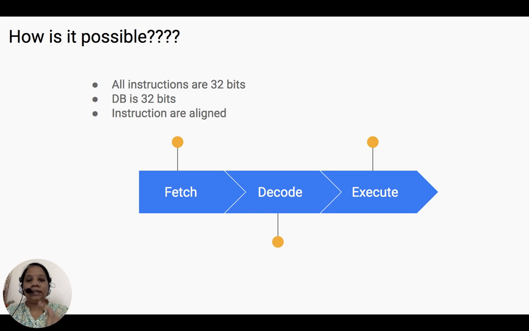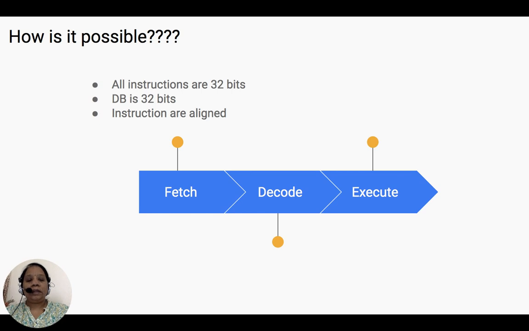So when I want that instruction, in one go I will be able to take it from the 4 different locations, so I get all the 32 bits in one go. That is the best part of the ARM processor: the instructions are stored in aligned memory. This is the reason why you are able to fetch almost all instructions in 1 clock cycle.